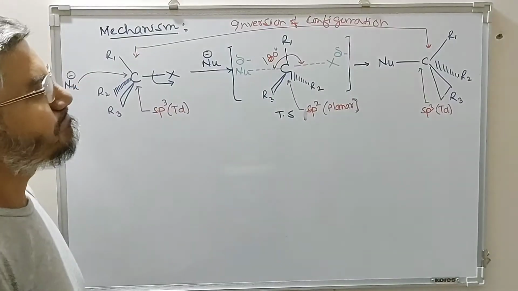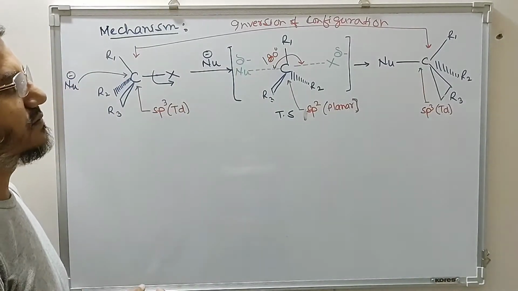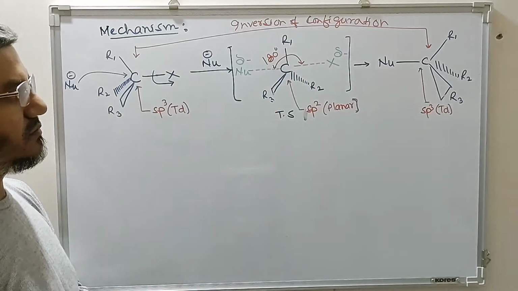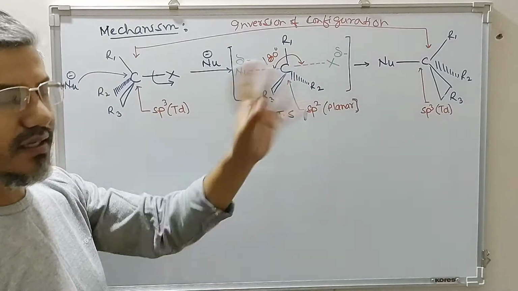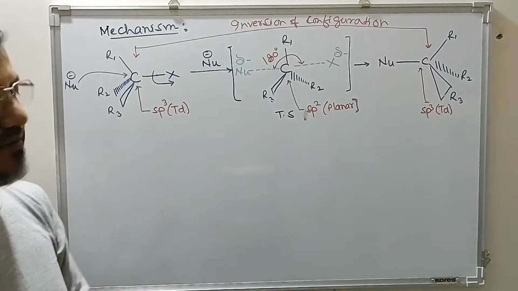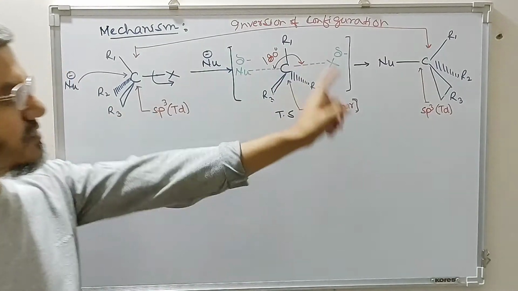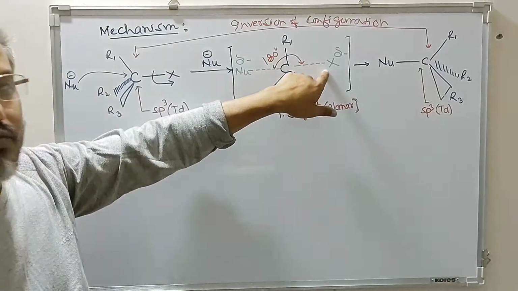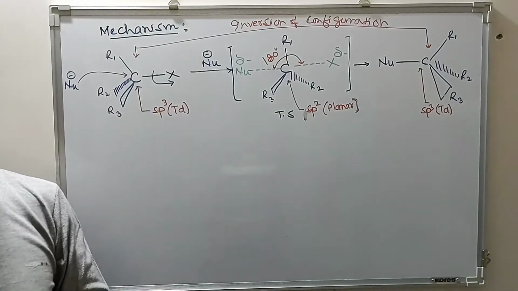Now look at this. We had discussed earlier the reactivity order of alkyl halides. The alkyl iodide was the most reactive. The reason is that in the transition state there is a breaking of the C-X bond. So breaking of the C-X bond is a requirement for this SN2 reaction.